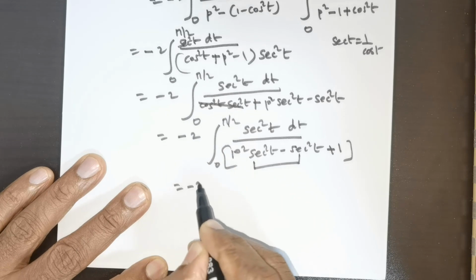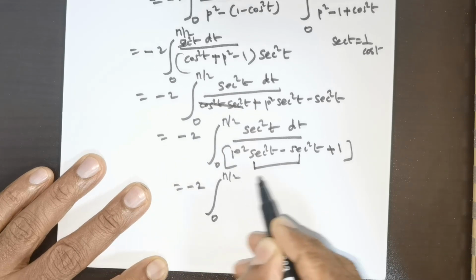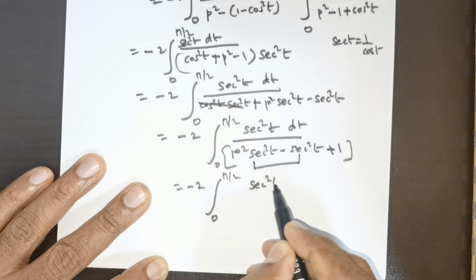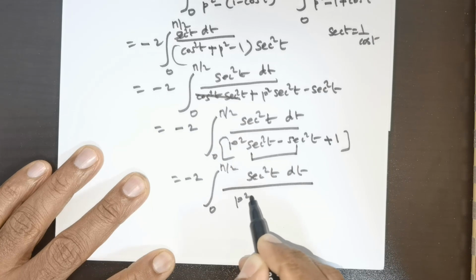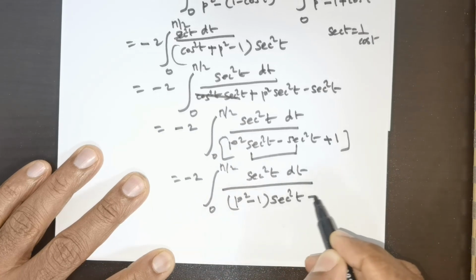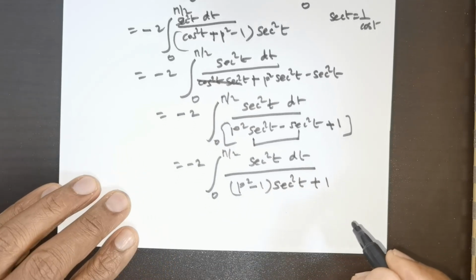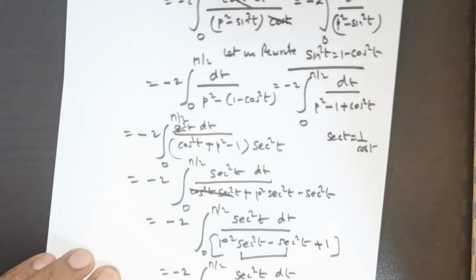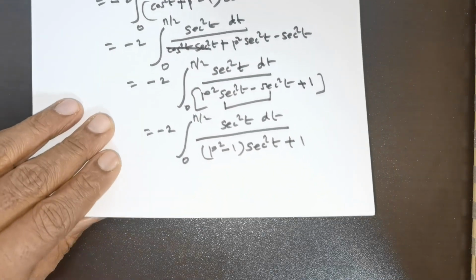So this is equal to negative 2 times the integral from 0 to pi over 2 of secant squared t dt divided by (p squared minus 1) multiplied with secant squared t plus 1. Now I will take another slide.